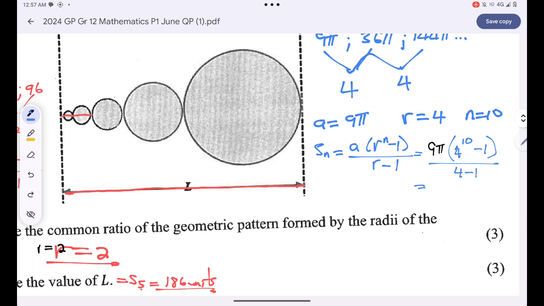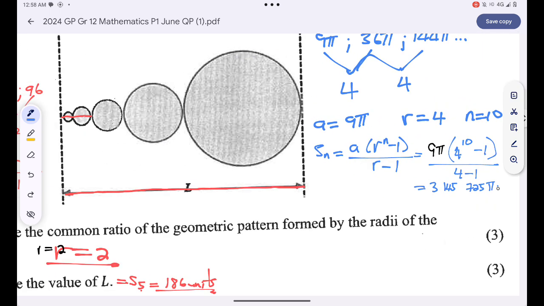This will give me 9 multiplied by (4^10 minus 1) all over 3. This will give me 3,145,725 pi units squared. This is the total area, guys, of my 10 circles.